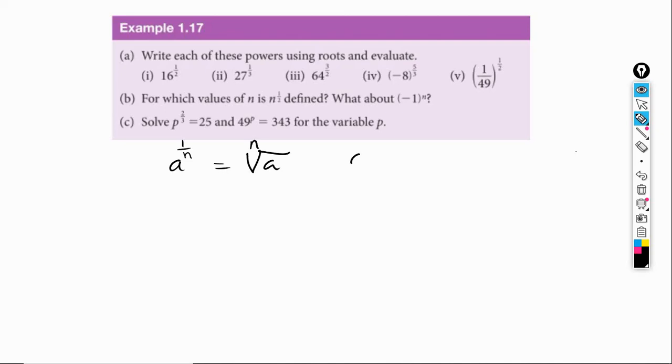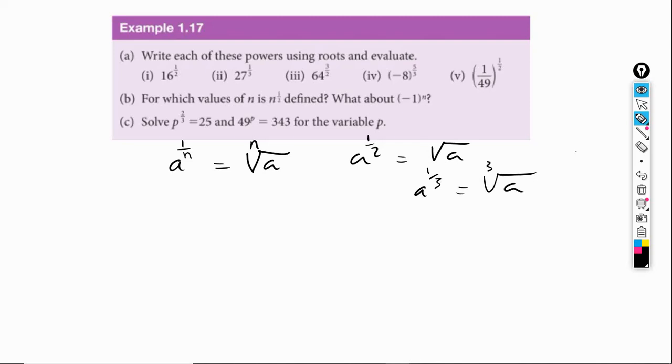Example, if you have a to the 1/2, this is the square root of a. Remember that the square root implies that you have a 2 here. You just don't write it because square roots are so common. If you have a to the 1/3, this would be the cubic root of a, and so forth.